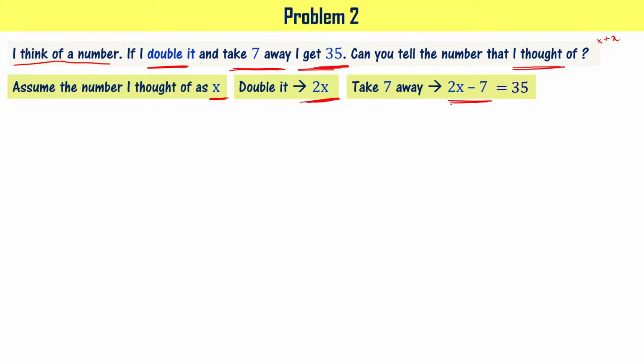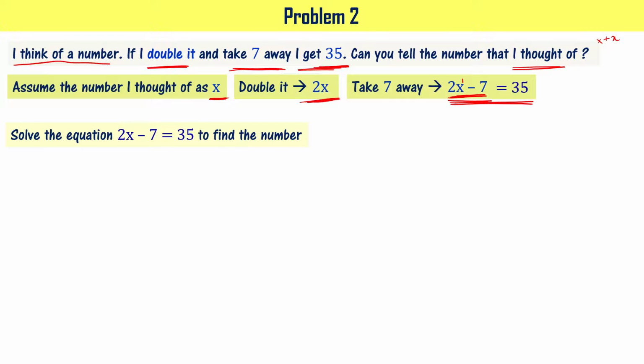If you observe this, it is a linear equation because x has got only 1 as the power, and it has got only one variable, a linear equation in one variable. And another point to note here is the variable is on one side of the equation. We know how to solve this, right? Let us solve 2x minus 7 equal to 35 to find the answer.